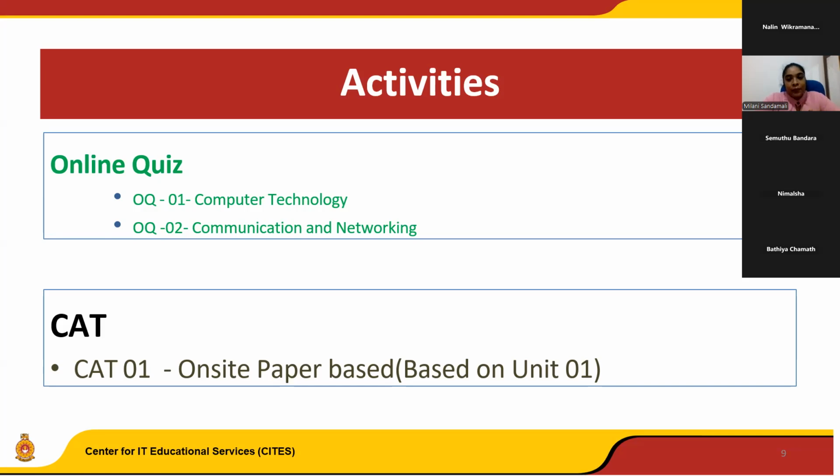The CAT will be conducted on site, and its duration will be 1 hour and 15 minutes. You have to come to the center and perform there. The test includes short answers, structured questions, those kinds of things.